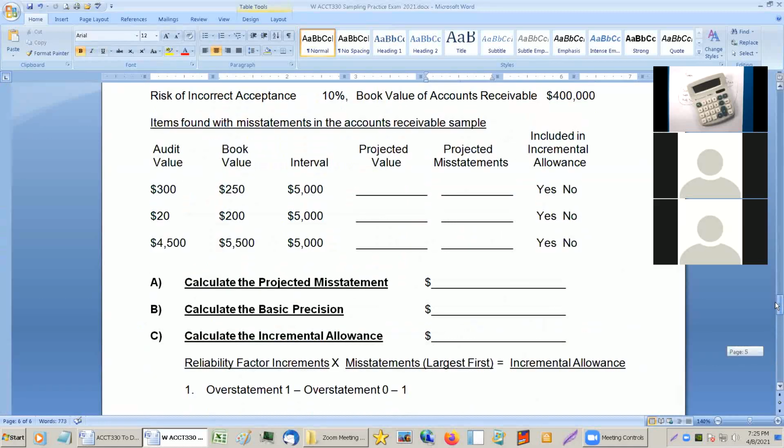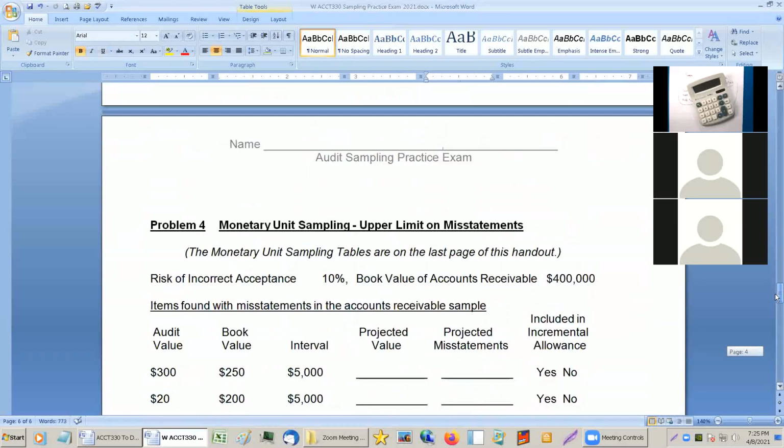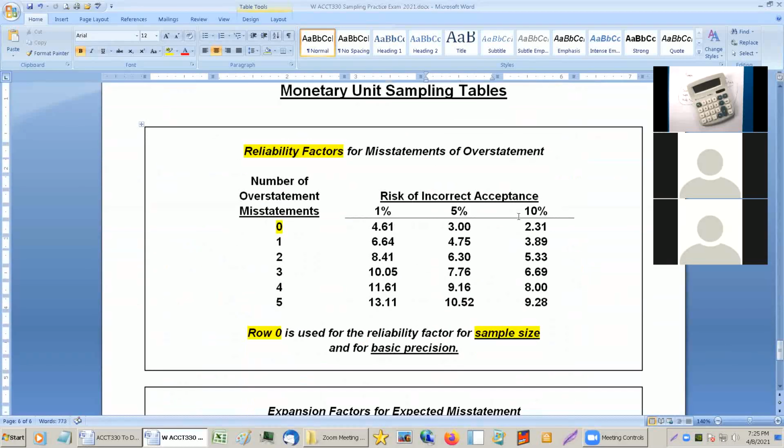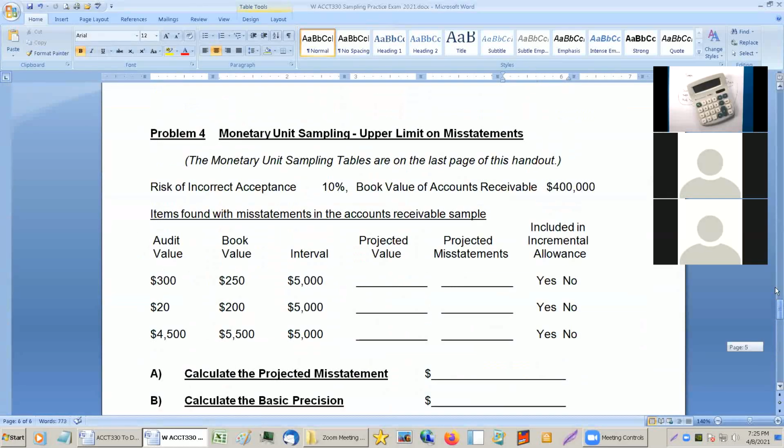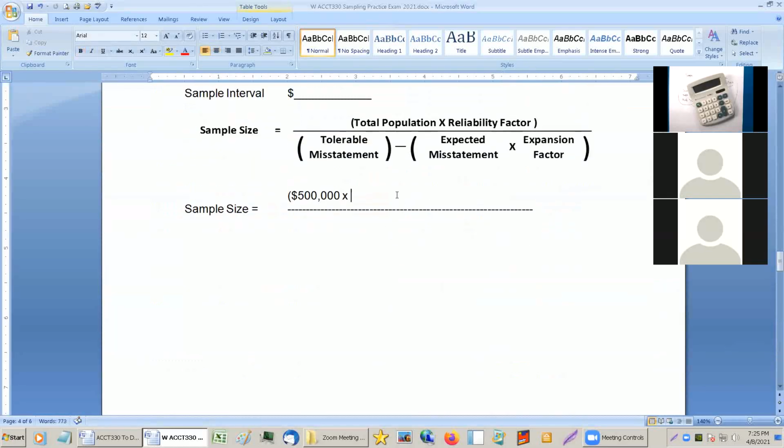I forgot to look and see what percentage we were doing. 10%. Sorry. Okay, so the reliability factor for our sample size at 10% is 2.31. So we will go back up and put that in. So that takes care of the top part. Bottom part.